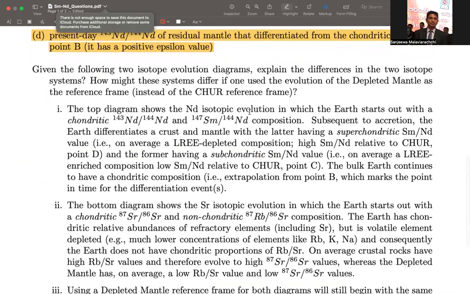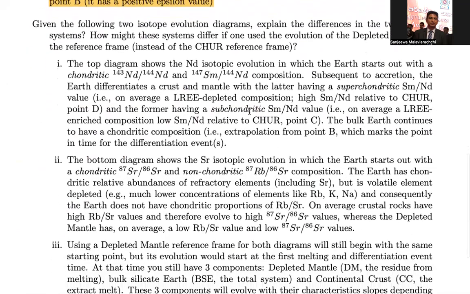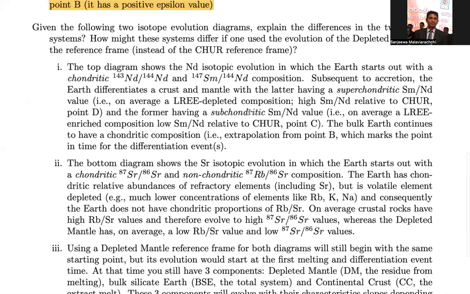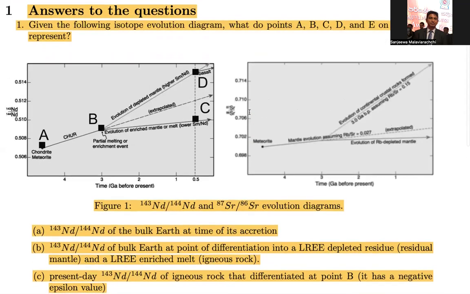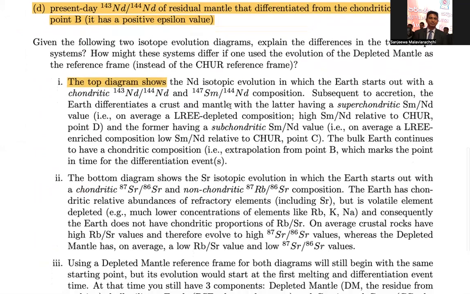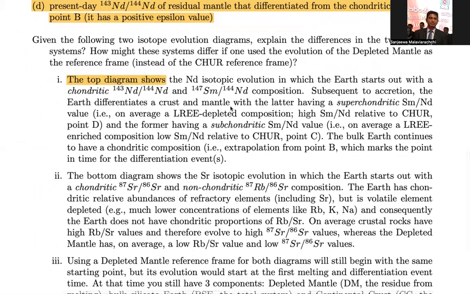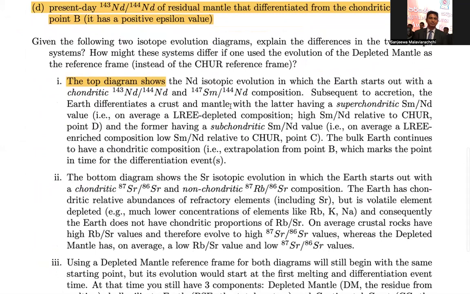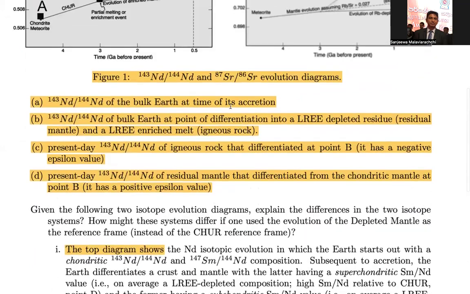Okay, let's see. Okay, first one, the top diagram, that means the first diagram, the neodymium isotope diagram. The top diagram shows the neodymium isotopic evolution, in which the Earth starts out with the chondritic neodymium and samarium neodymium composition.